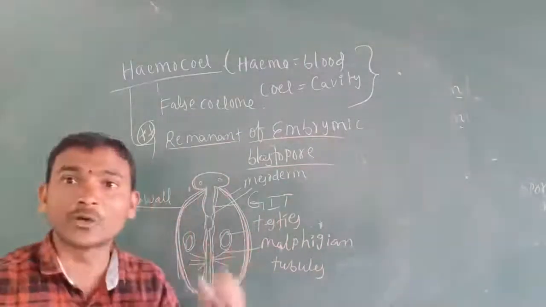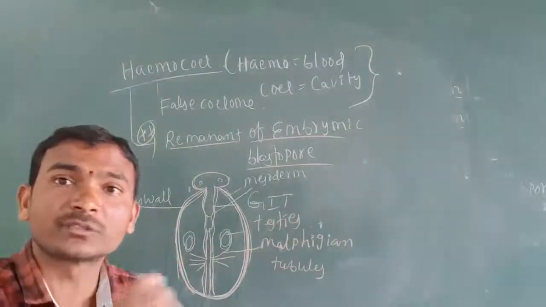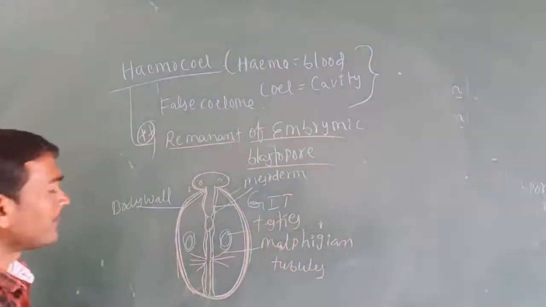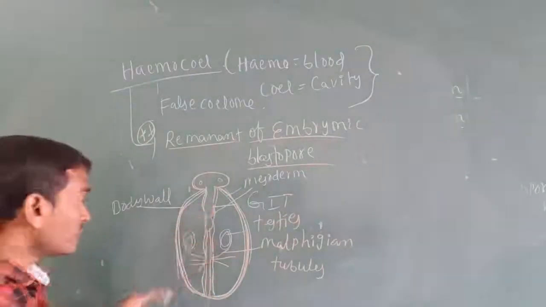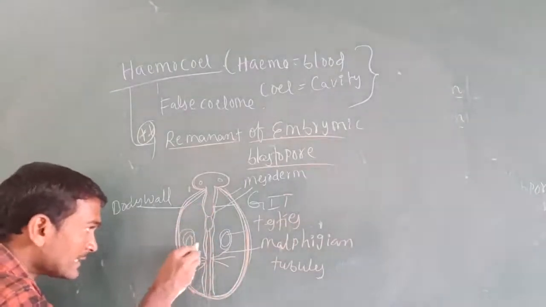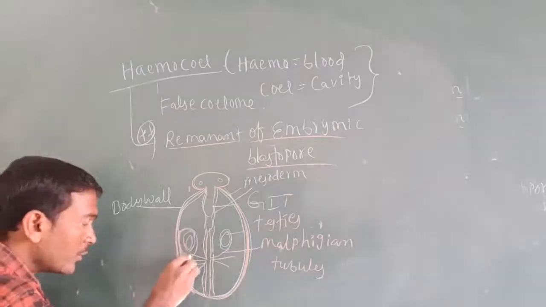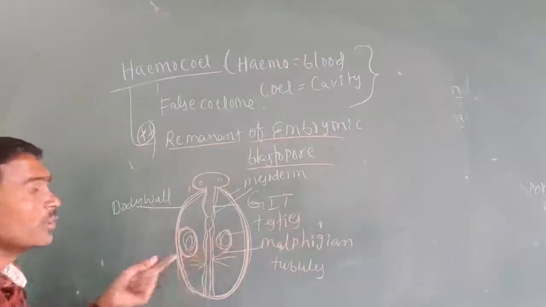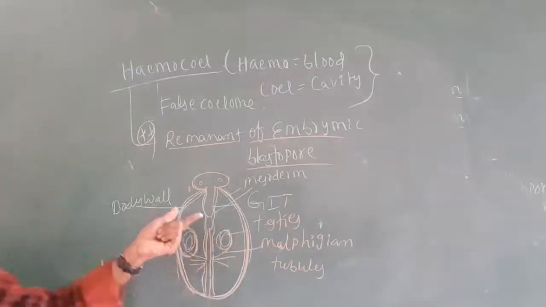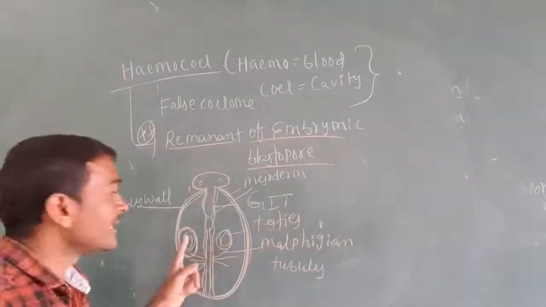During the course of development, the mesoderm and the coelom space become restricted only to the genital organs.